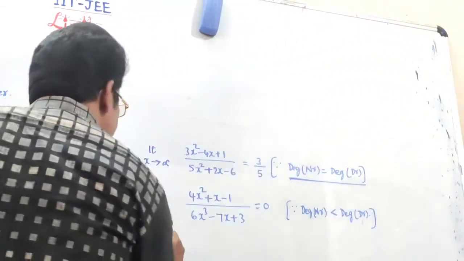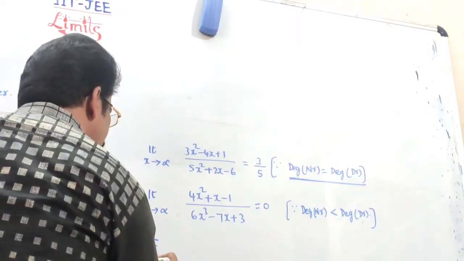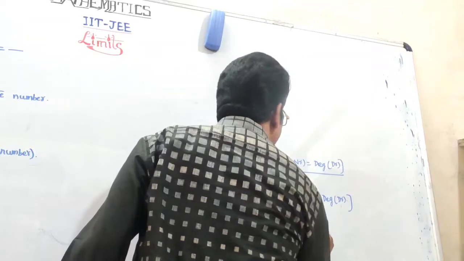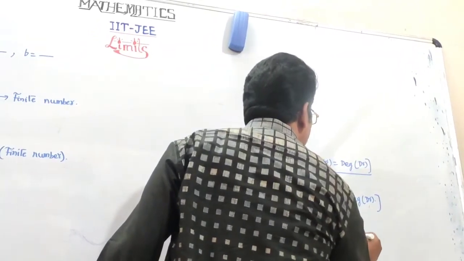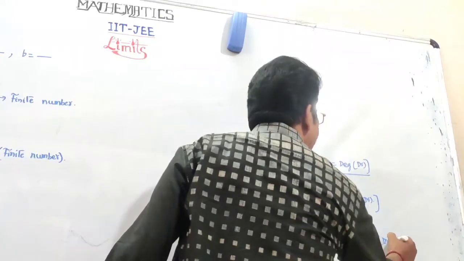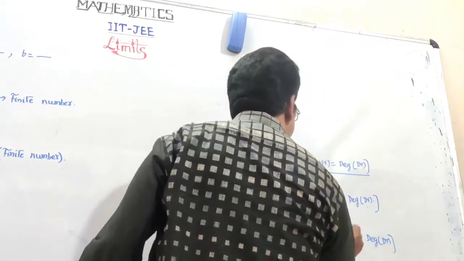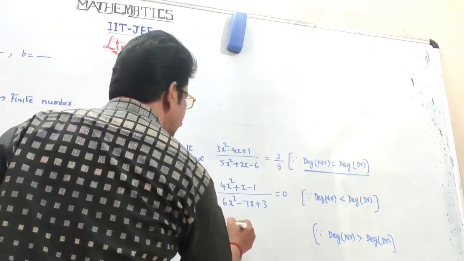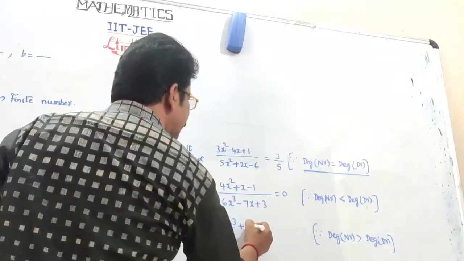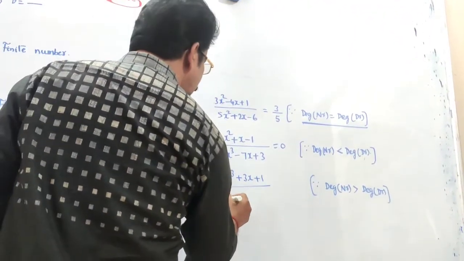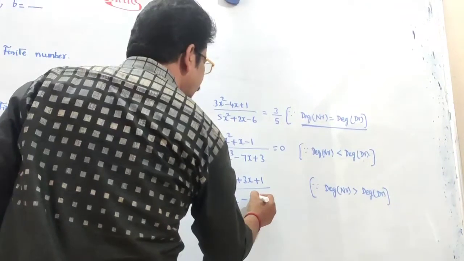Next, limit x tends to infinity, reverse case. Reverse case means the degree of numerator is greater than the degree of denominator. So limit x tends to infinity, 7x cubed plus 3x plus 1 divided by 2x minus 5.